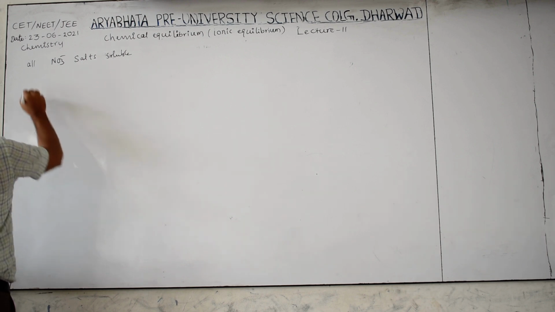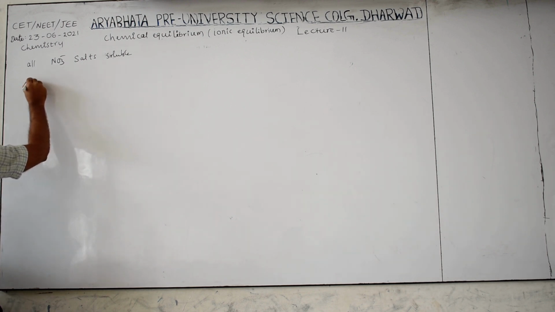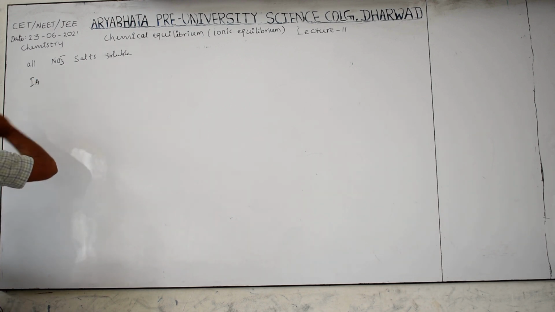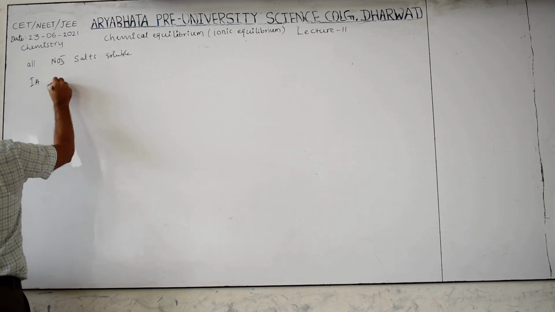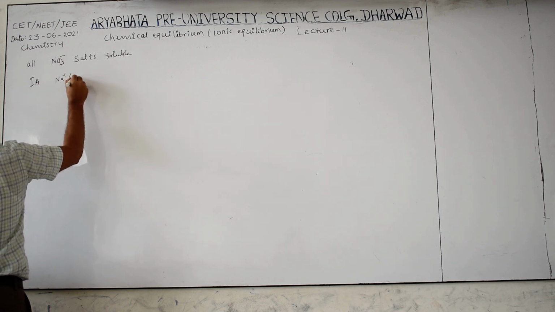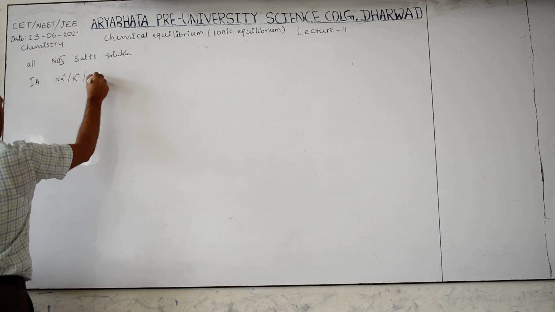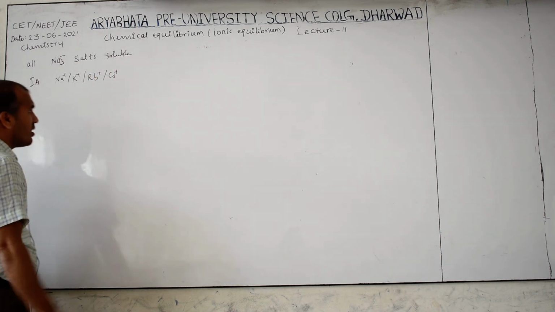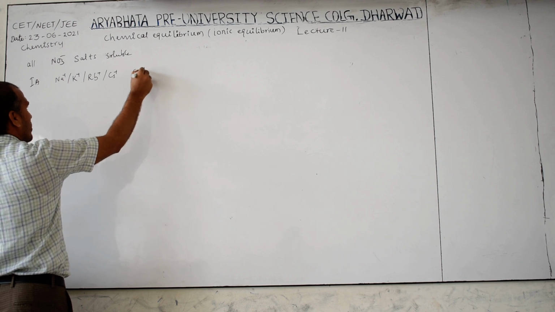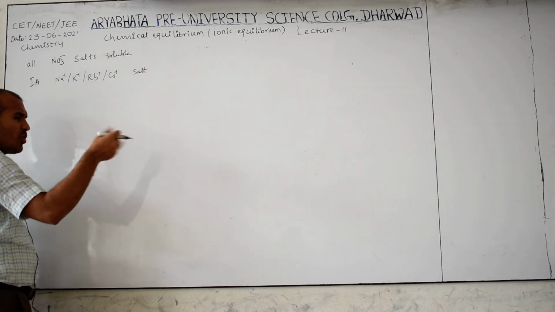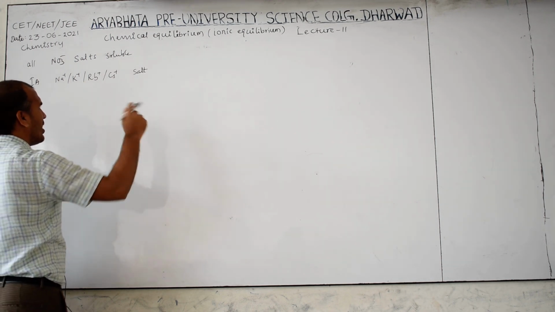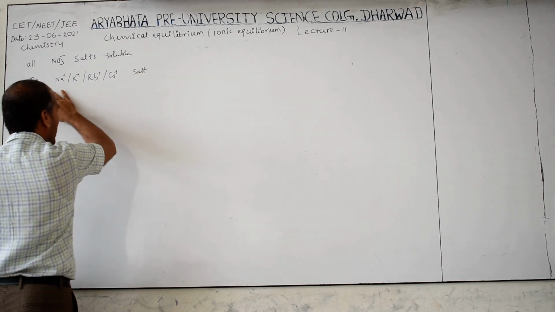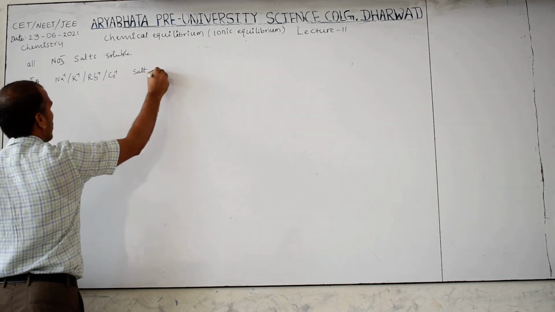Okay. And first group cations, 1A group cations: sodium, potassium, rubidium and cesium, with any anion, chloride, bromide, iodide, phosphate, any is there. These salts are soluble in water.